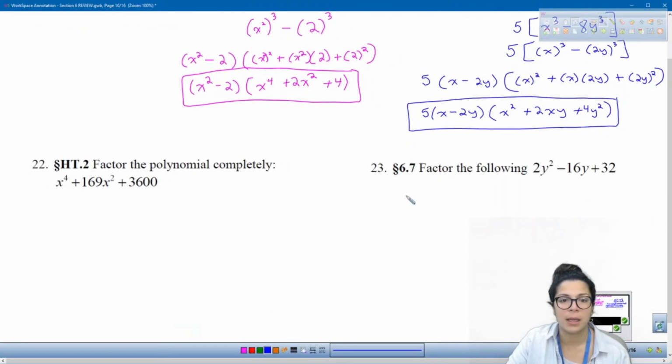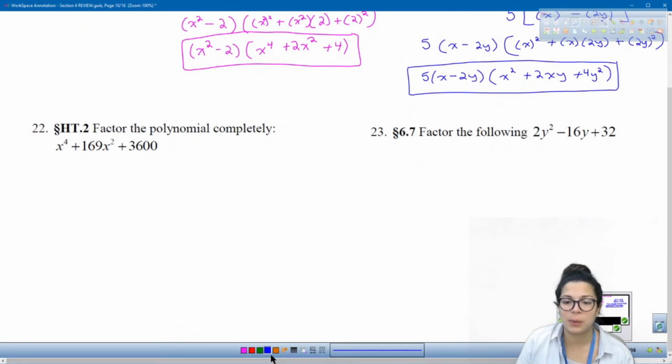All right. More factoring on 22 and 23. Let's do 22. Now this one's actually, I think, going to be a perfect square trinomial. Let's check it. Okay, so the first term will be x squared squared. The last term would be 60 squared, because 60 times 60 is 3,600. Now the middle has to check.